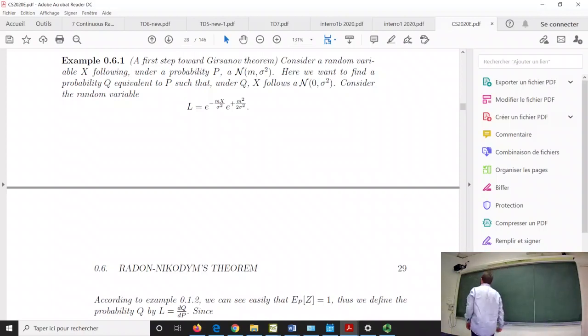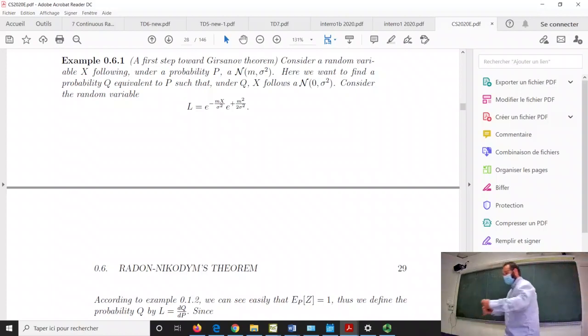So I am interested in computing the characteristic function of my random variable under Q. Okay, it's what I want to compute. My hypothesis is that I know something about, first, the change of probability, and also about the distribution of capital X under P. So first, I can change my probability here to write my expectation as an expectation under P. And why do I do this?